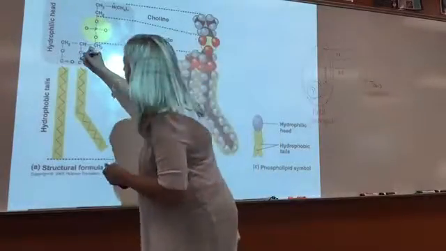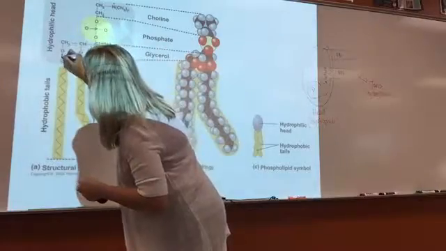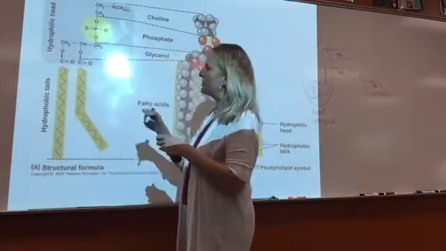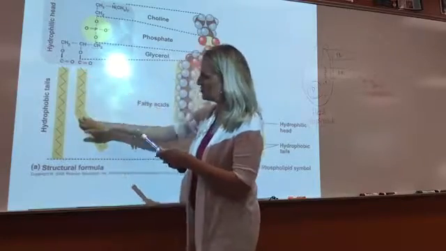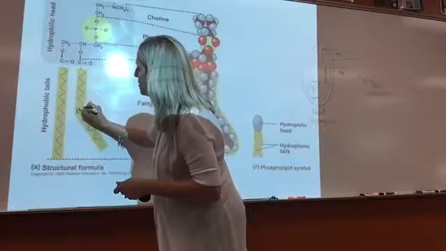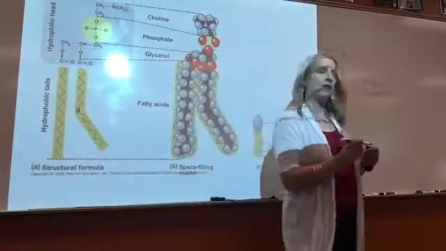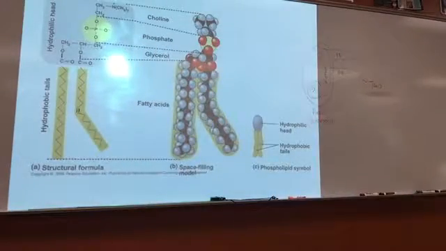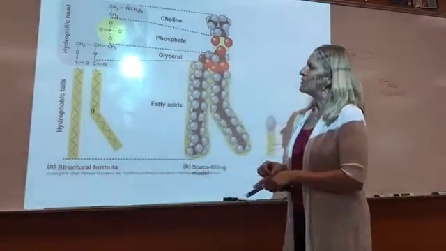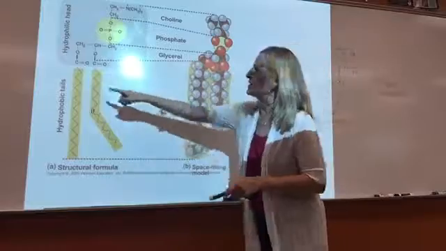This is where the glycerol binds to the fatty acids, and this is the double-bonded oxygen of the fatty acid. These are hydrocarbon chains. Notice here, they're showing you a double bond between the two carbons in that chain. And as we talked about yesterday, wherever that double bond is, you get a kink in the chain, and that's what they're showing you here. And those are your two tails.